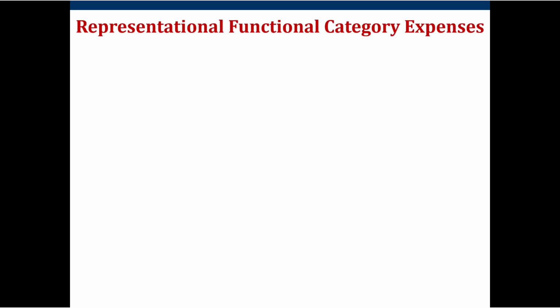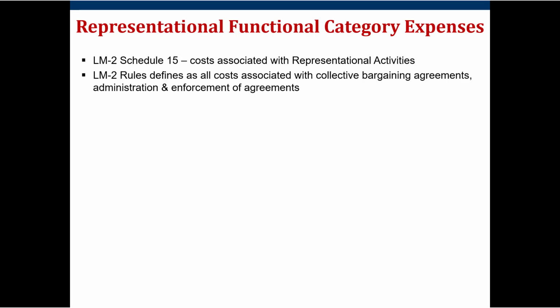Representational functional category expenses. The LM2 requires reporting on costs associated with representational activities on Schedule 15. The LM2 instructions define representational activities as costs associated with collective bargaining agreements, administration, and enforcement of agreements.